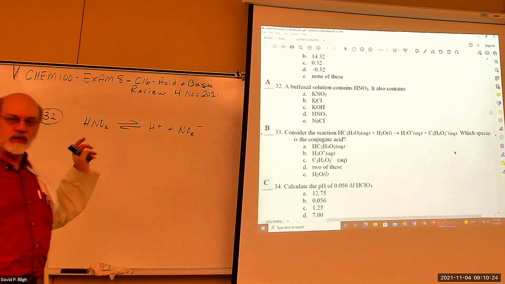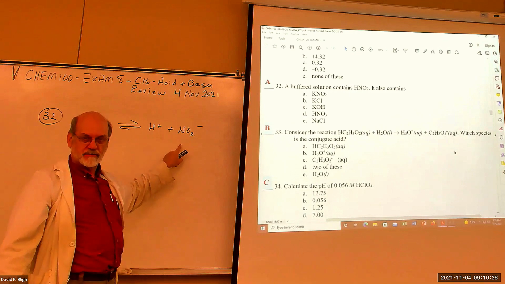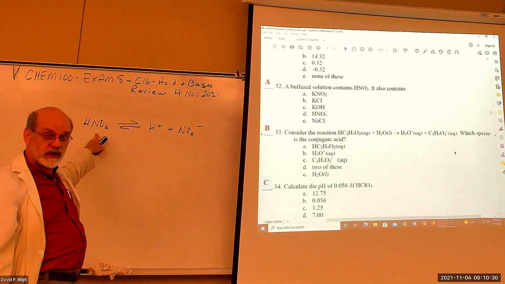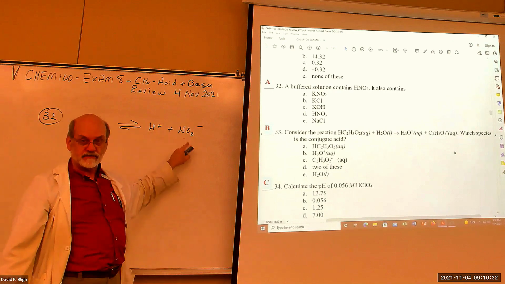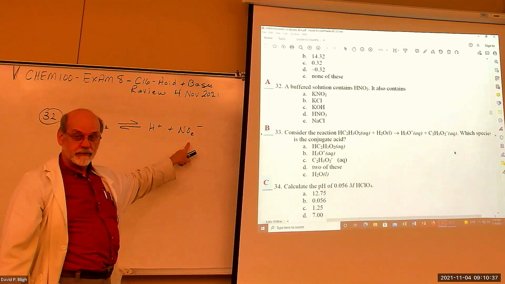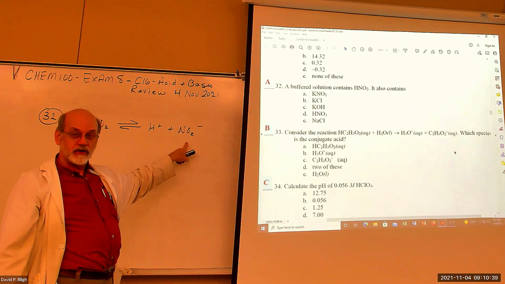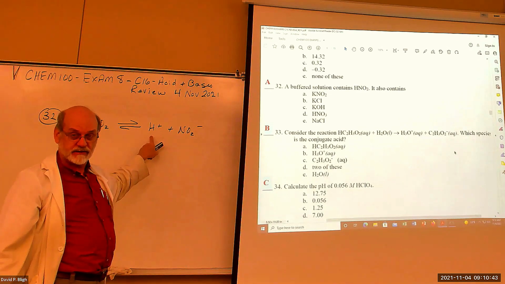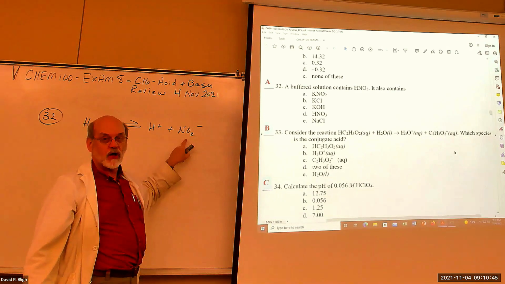Okay, how do we get that NO2 minus in solution? We can't rely on this to produce it because it's a weak acid. It won't produce enough, right? So we need to add extra NO2. So how do we get it in there? Well, you put it in there in a way that does not include hydrogen ions, which means you need a soluble salt of NO2.